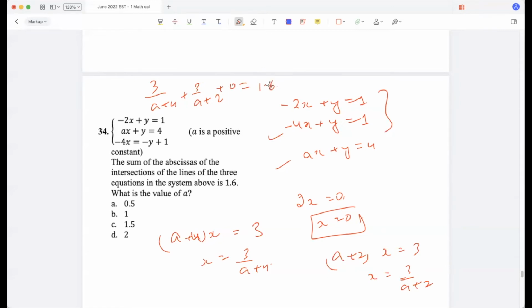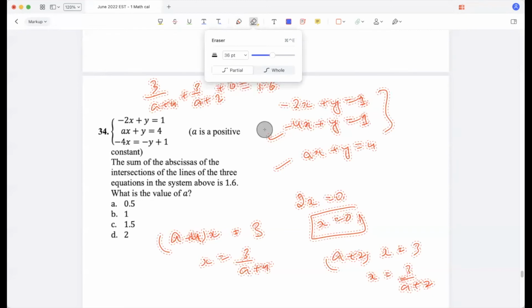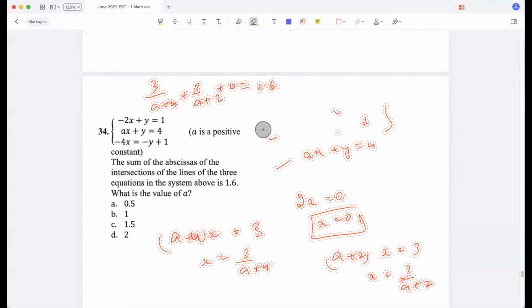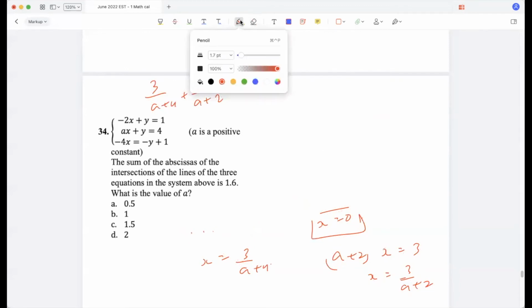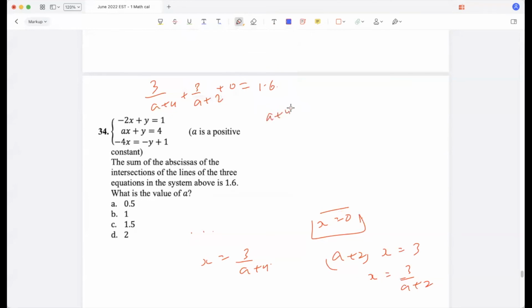So let me solve this. Okay, so this becomes a plus 4 plus a plus 2 is 1.6 by 3, over a plus 4 into a plus 2.